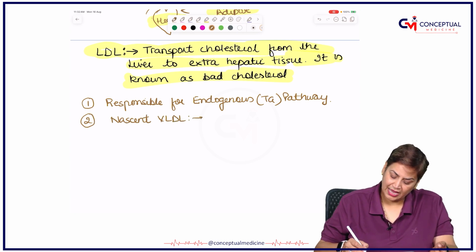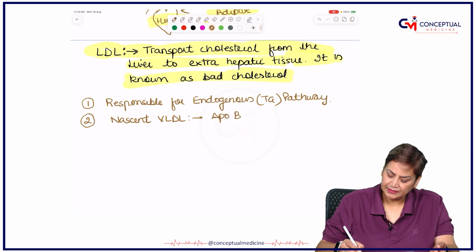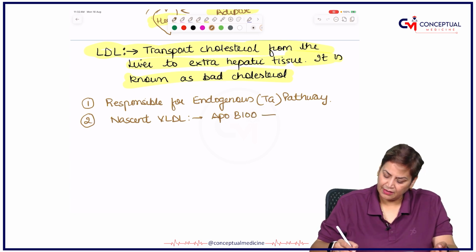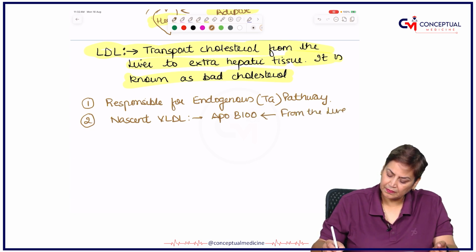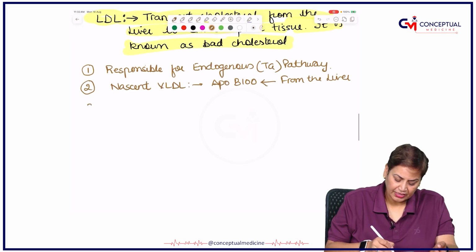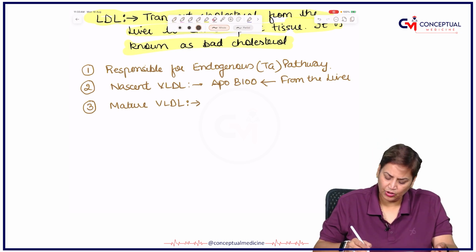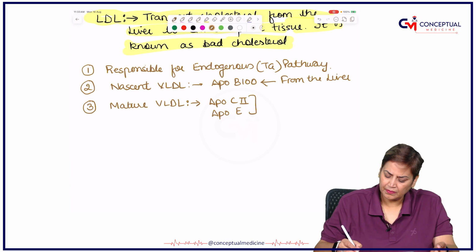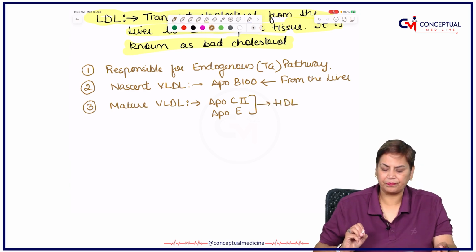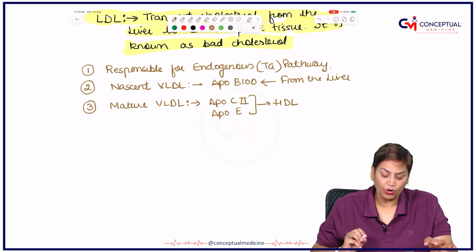Nascent VLDL only has Apo B-100 and it comes out from the liver. Right. Then what is the third point? The third point is the formation of mature VLDL. And how is this mature VLDL produced? By Apo C2 and Apo E. They come from HDL. So it still has more of the TGs.